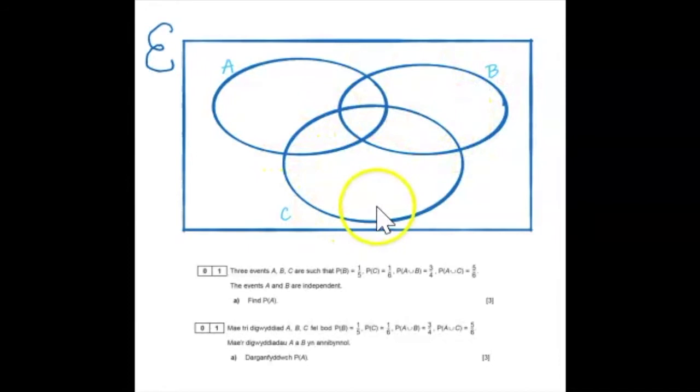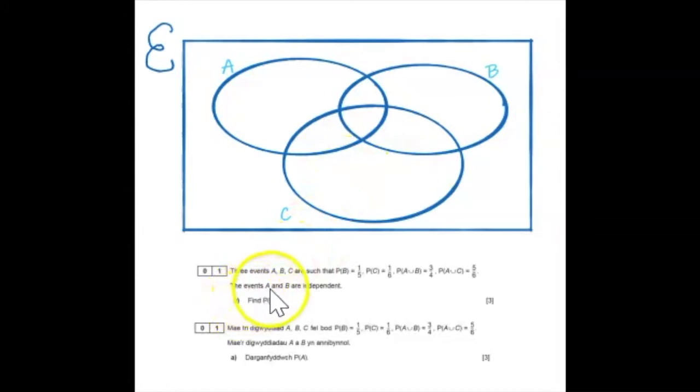Everything inside of C is 1/6, the probability of C is 1/6. We know something about A union B, all of A and all of B. And we know something about A union C, all of A and all of C. But everything is quite complex here.